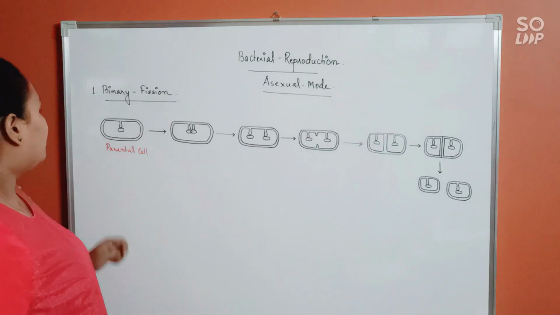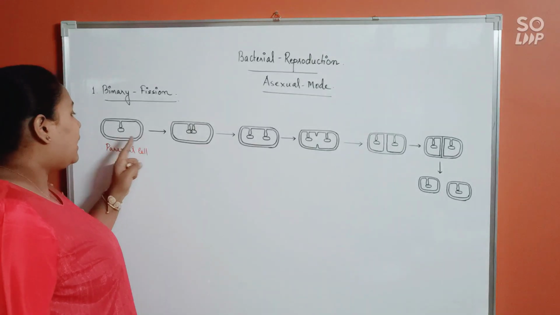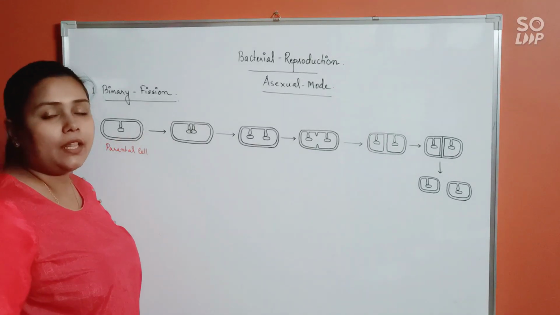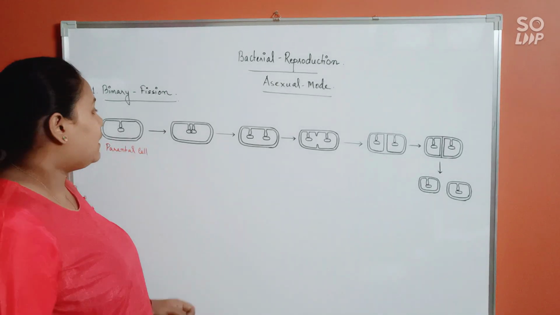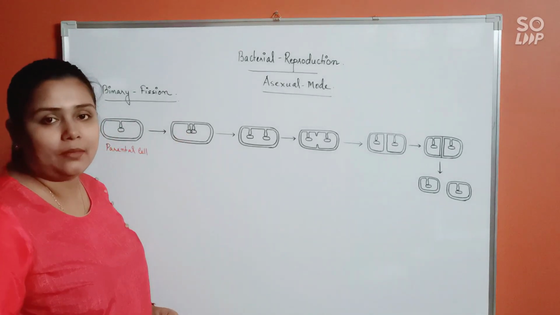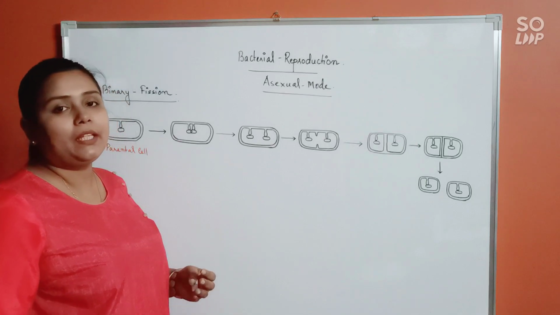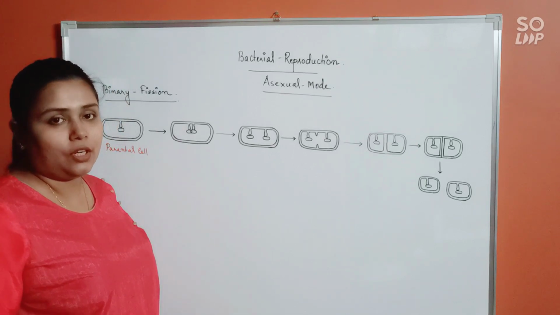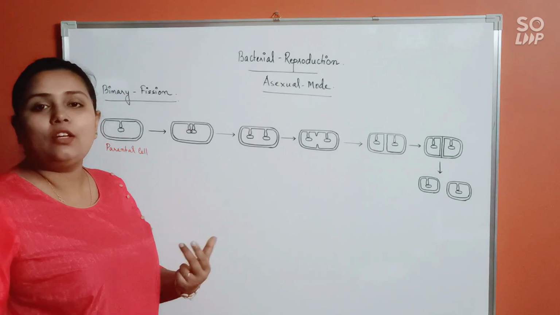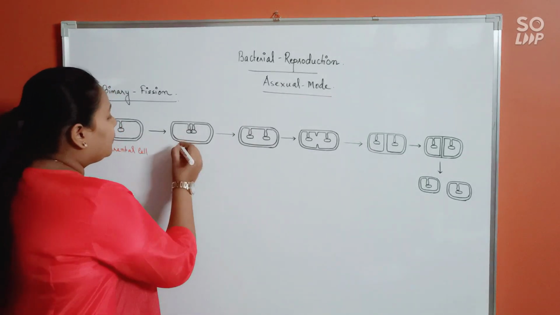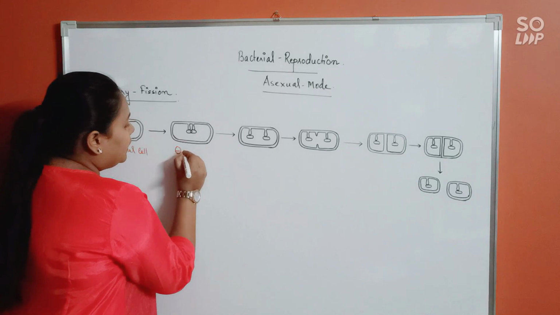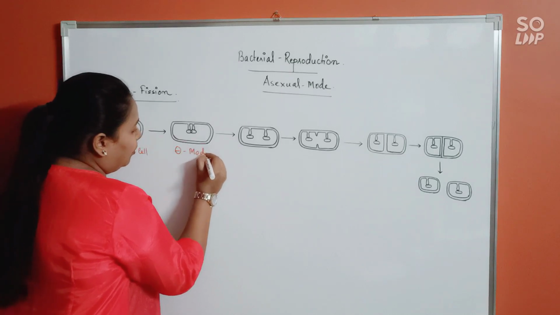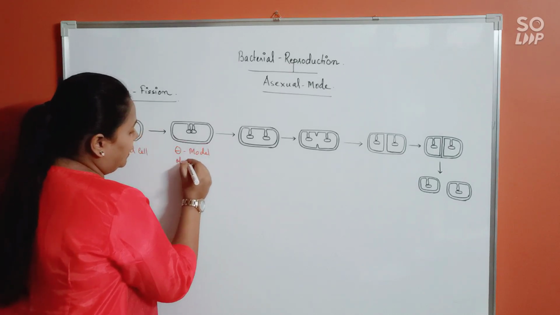Alright, now when the parental cell starts to divide, the first thing that happens in the cell is replication of the DNA. Now, as you know already, the bacterial DNA is double-stranded and circular in nature. It undergoes a method of replication which is called the theta model of replication.